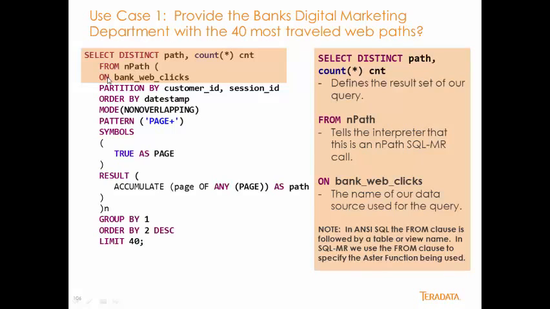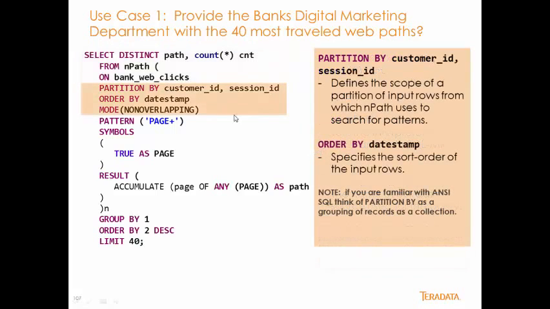The table name or the data object name is on bank web clicks. That's probably the biggest point of confusion when it comes to how our analytics work. Now, all of our analytics, all the 120 plus analytics that come with Aster, function this way, from analytic function name. And they all have their own set of unique predicates that helps them understand how they work.